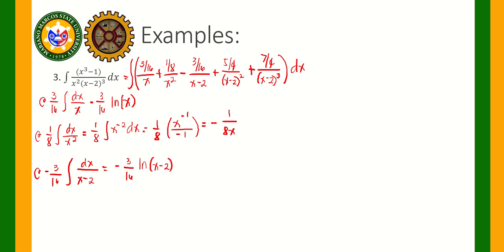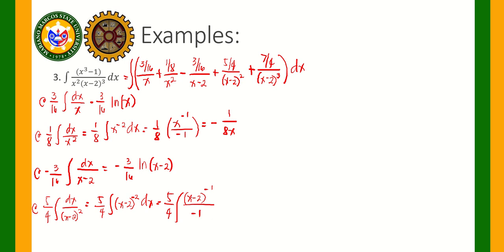Okay? And for our fourth term, we have 5 over 4. So, let us isolate it. That is dx over x minus 2 squared. So, we can rewrite this as 5 over 4, the integral of x minus 2 raised to negative 2 dx. So this will be equal to 5 over 4 times x minus 2 raised to negative 1 over negative 1.